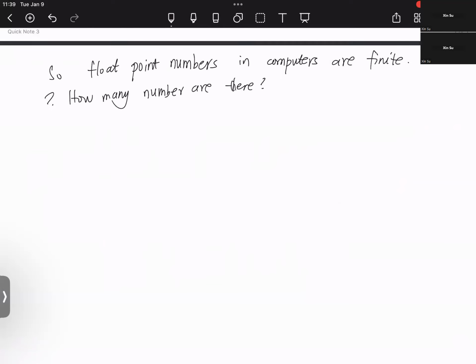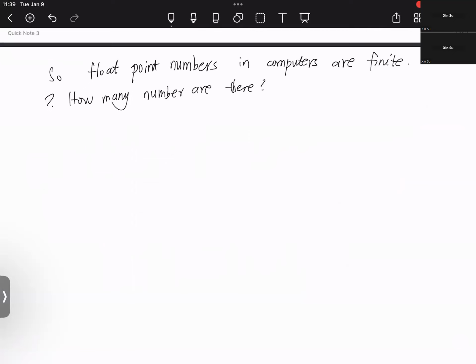Let's take a look here. We only consider double precision. Let us look at the exponent.